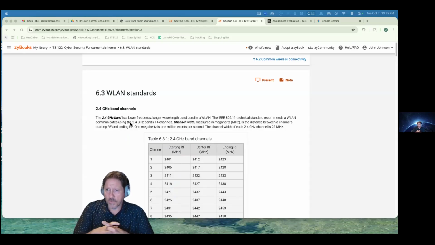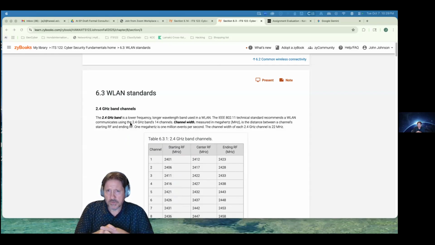So the 2.4 gigahertz, it's a lower frequency, longer wavelength band used for WLAN. And the thing about this one, and I've mentioned this in previous videos, is that it has a lower capacity to carry data, but it reaches further than your 5 gigahertz channels. So 5 gigahertz is really good when you're close by. You can really get a lot of throughput.